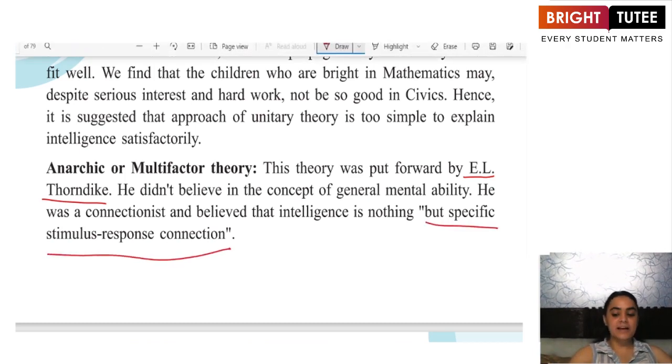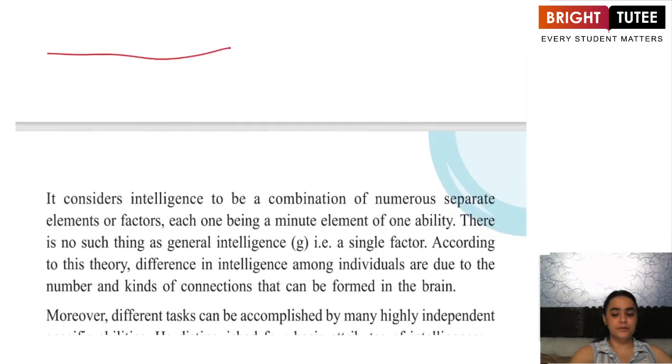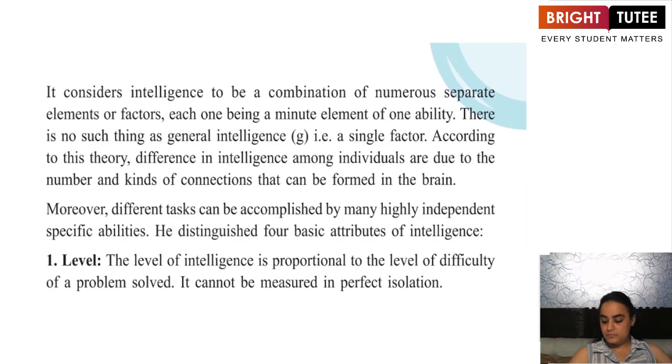A person can respond to a problem or to a situation in a different manner. He believed that there are different factors, different elements which are going to determine your ability.